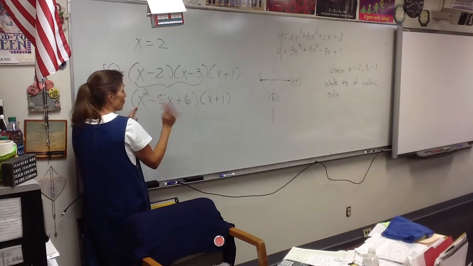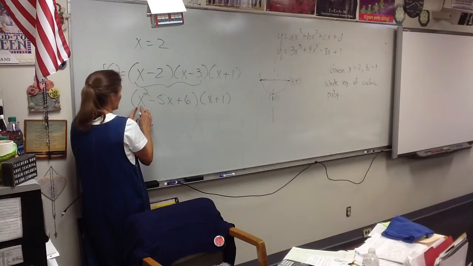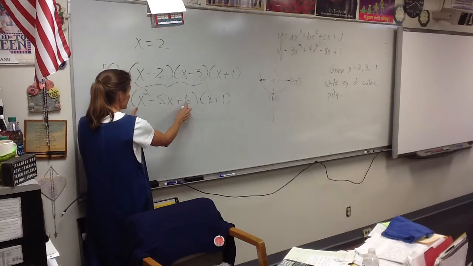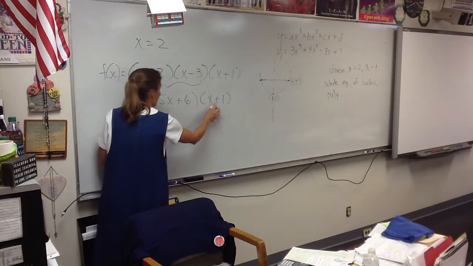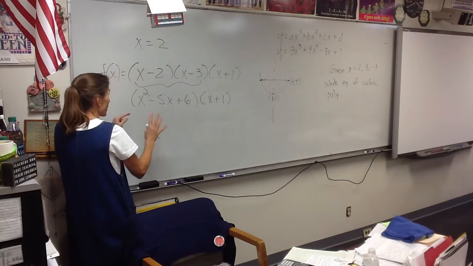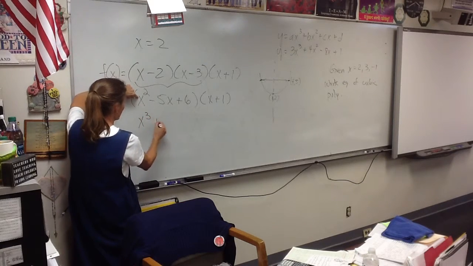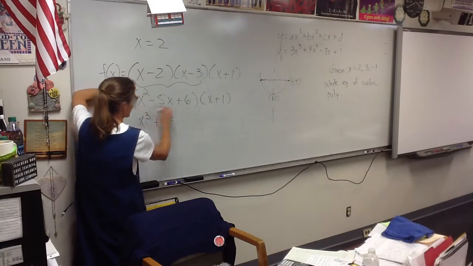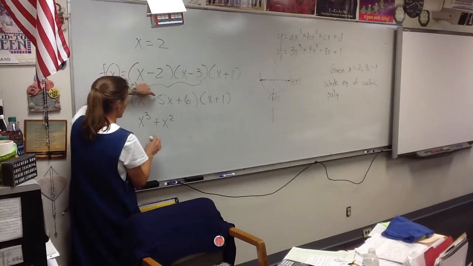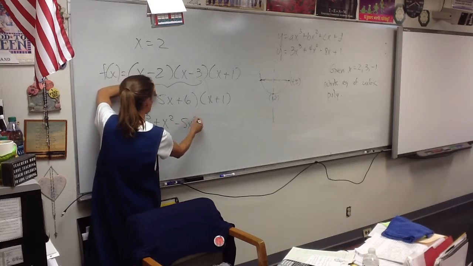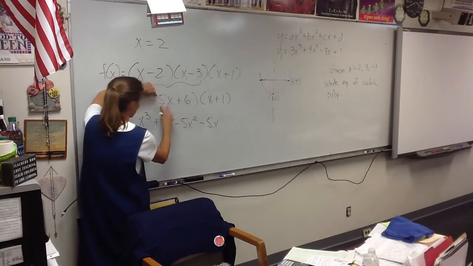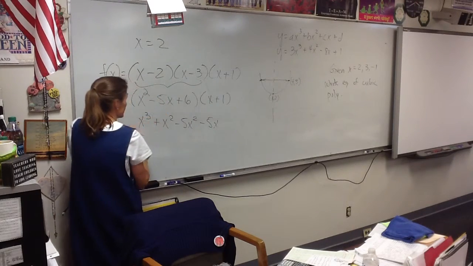Just make sure, whatever order you do it, and that's not important, just make sure that each of these gets times by both of those. So try to be organized so you keep track of everything. But x cubed plus x squared, I took this times both of those. Minus 5x squared minus 5x, I took this times both of those.